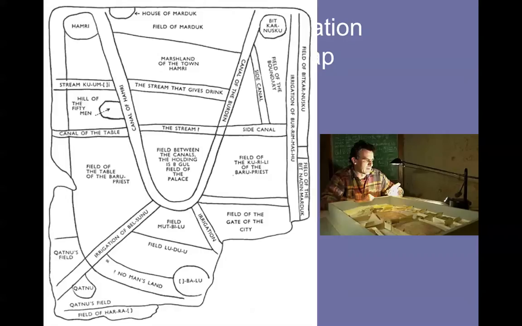This is an English version of a cuneiform tablet that is essentially a map of an irrigation system, right? So here we have, if you can see, this canal. This is human-made. This is an irrigation canal.